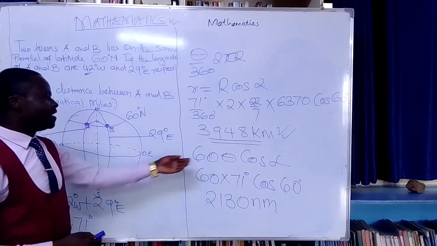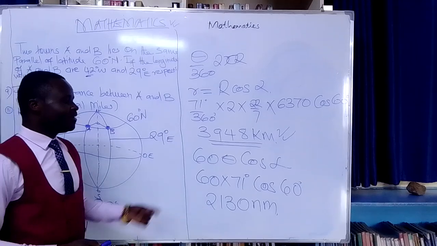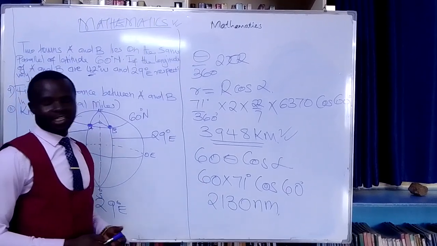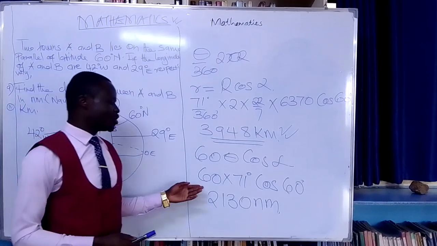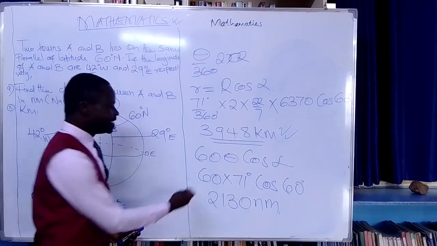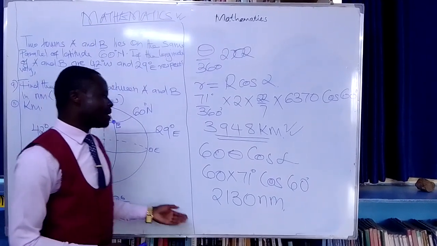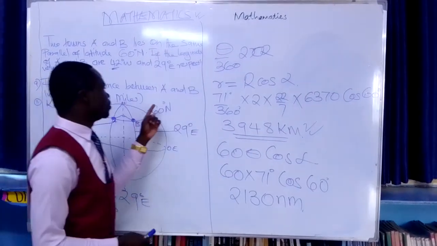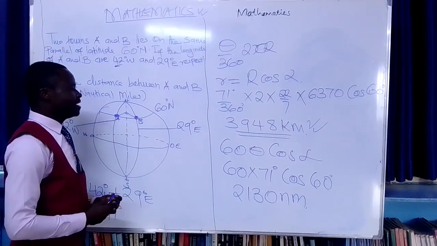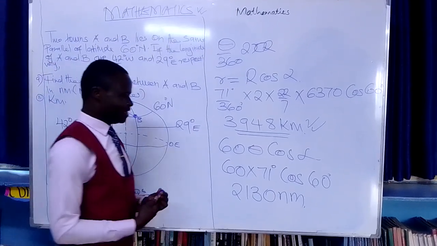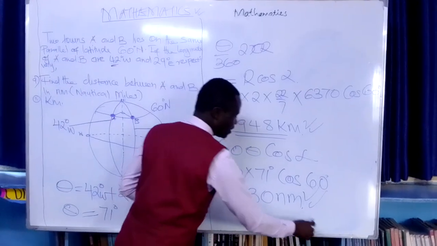Because 1 degree is always equal to 60 nautical miles. So that's why you are multiplying 60 times this, so that you may get how many nautical miles. But we have to use cos latitude, because that is the latitude we are given. So I think this is going to be our correct answer.